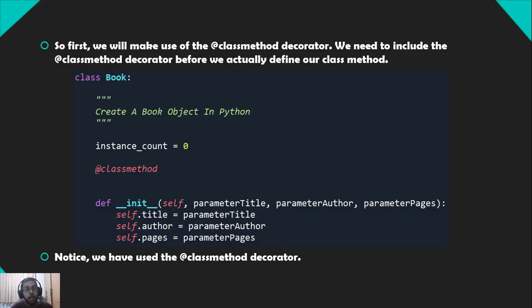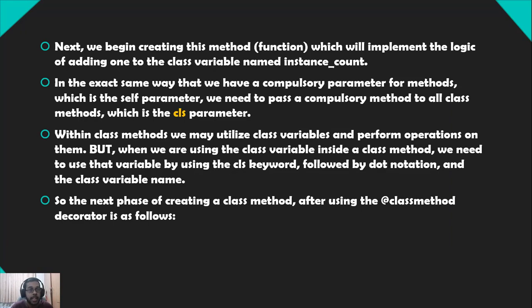So first, we will make use of the @classmethod decorator. We need to include the @classmethod decorator before we actually define our class method. Notice we have used the @classmethod decorator. Next, we begin creating this method function which will implement the logic of adding 1 to the class variable named instance count.